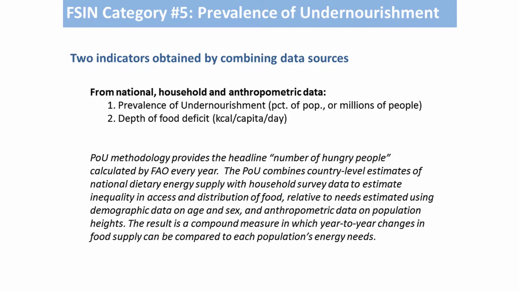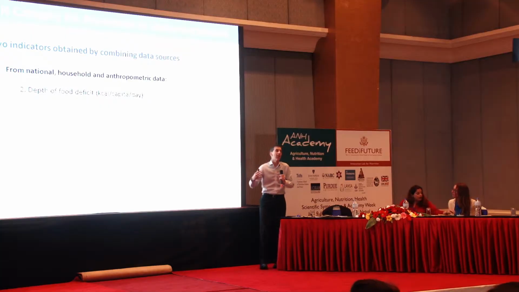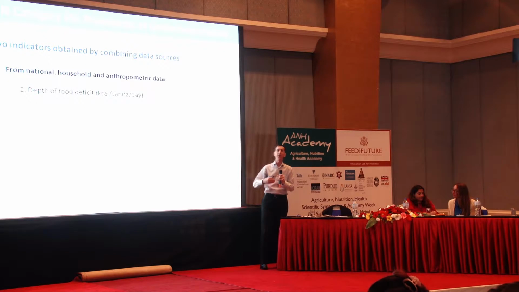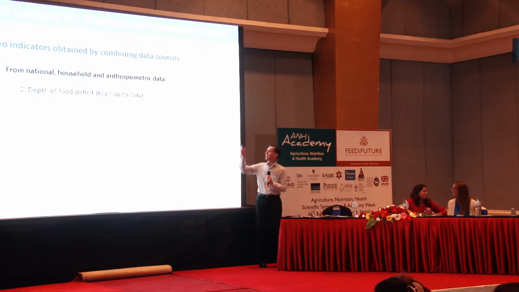When you read in the newspaper that total world hunger has gone up or gone down, the current figure is 825 million or 820 million people in the world who are, quote, hungry. What that number is, is this one.